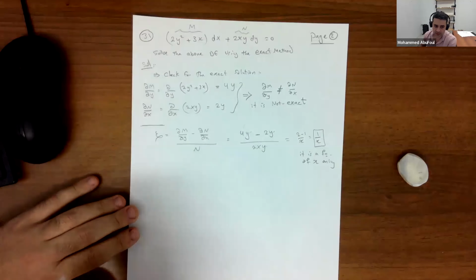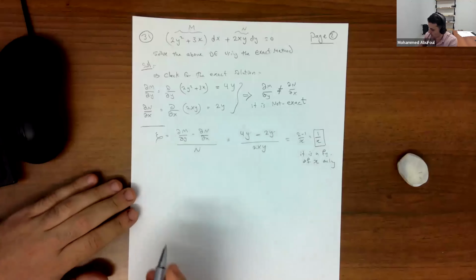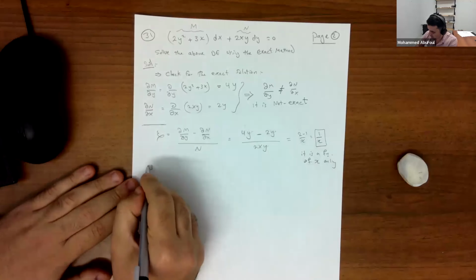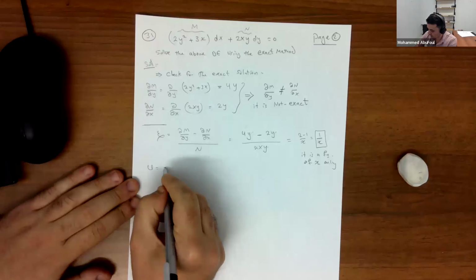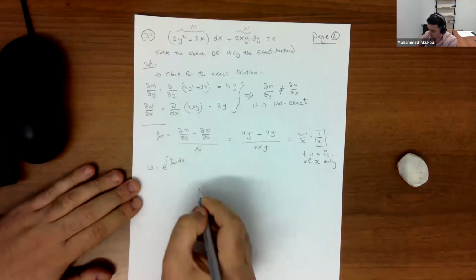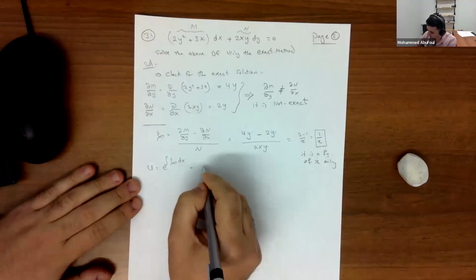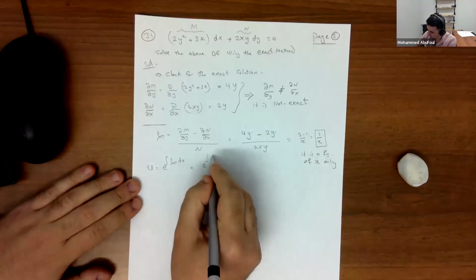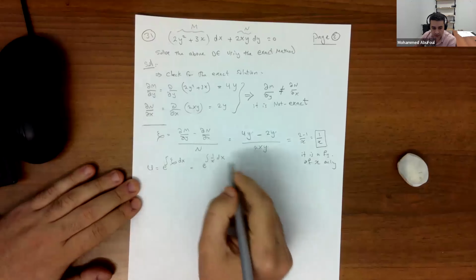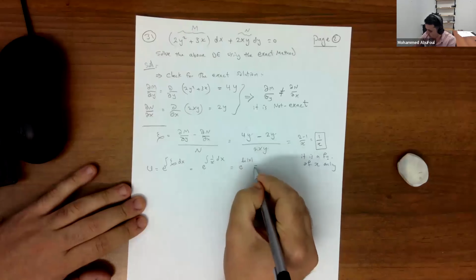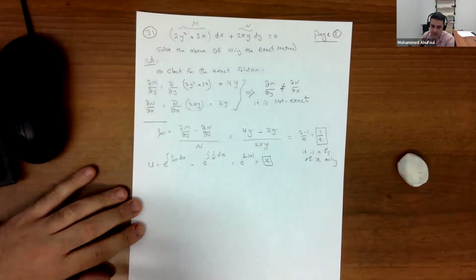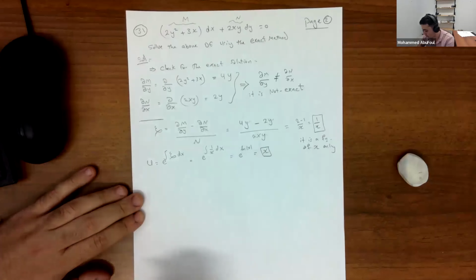You didn't need to find zeta with respect to y, so you can use this one. So u, which I want to use, is equal to e to the integral of zeta with respect to x. So it's e to the integral of 1 over x dx, which is e to the ln x, and e to the power ln something is the something, so it's x.